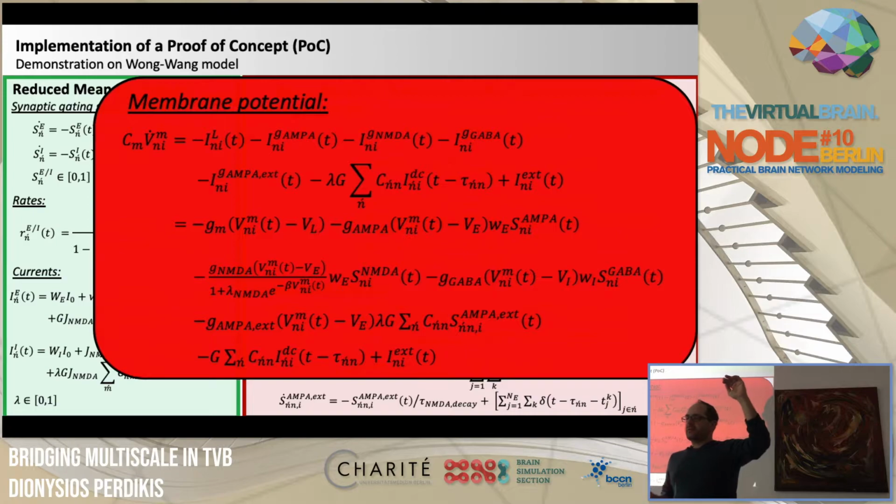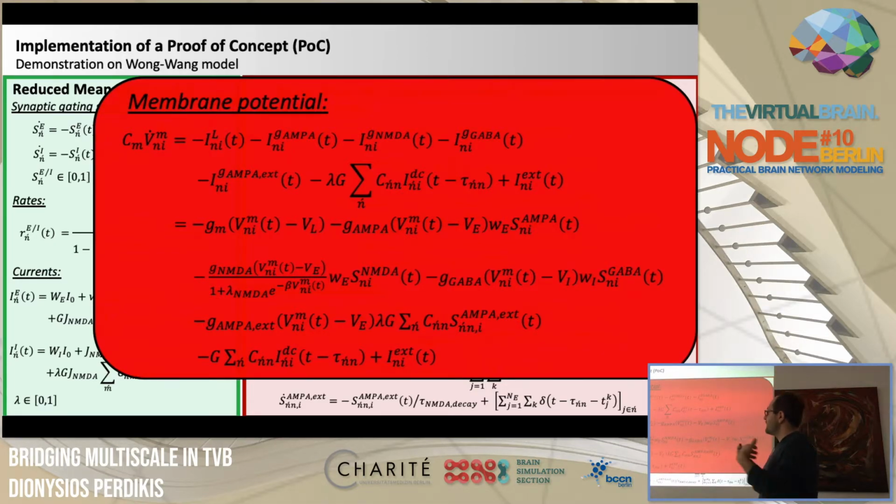And when it reaches a threshold, it will fire a spike, and then it will stay clamped to a specific value, the resting potential, for a specific time, the refractory time. During that time, it cannot fire any more spikes. That's the mechanics of this model.